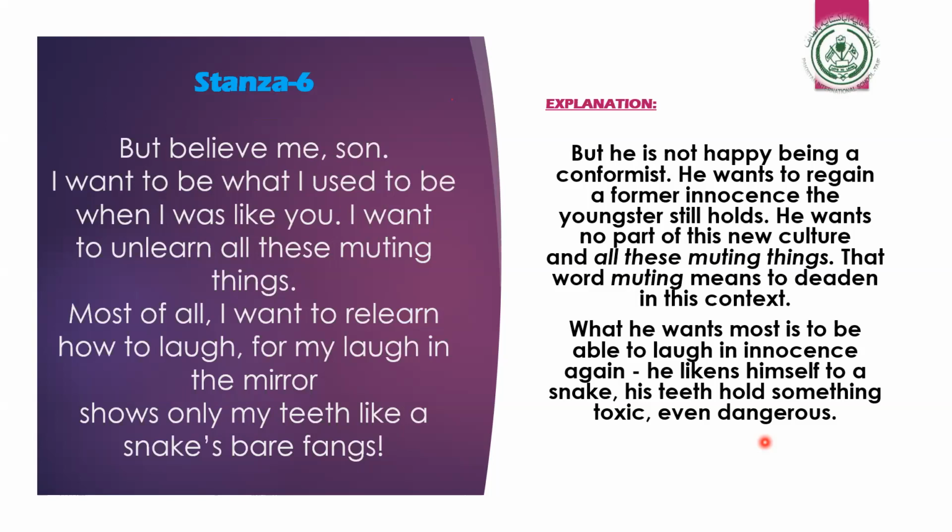He tells his son that he wants to learn once again how he used to laugh in his youth. He is not satisfied with his present way of laughing, which is no more than showing teeth like the pointed, hollow teeth of a snake. It means that apparently he laughs with people, but really he is full of the venom of malice toward them.